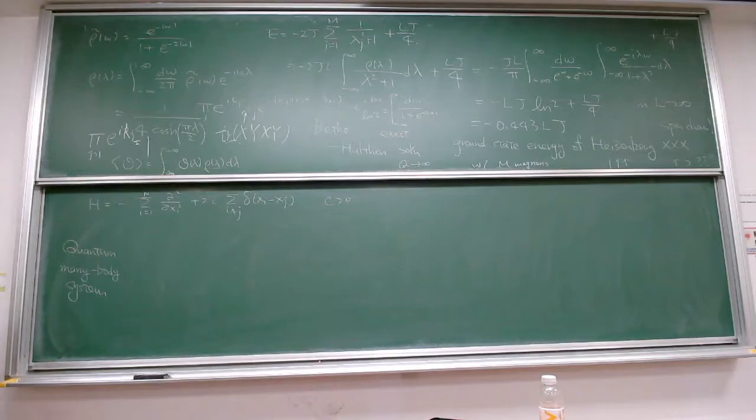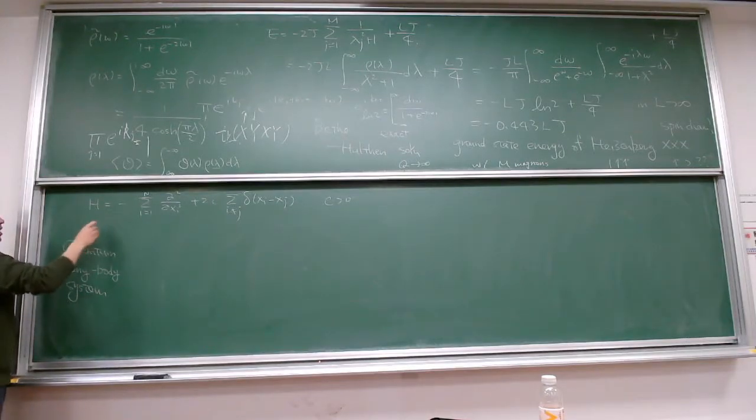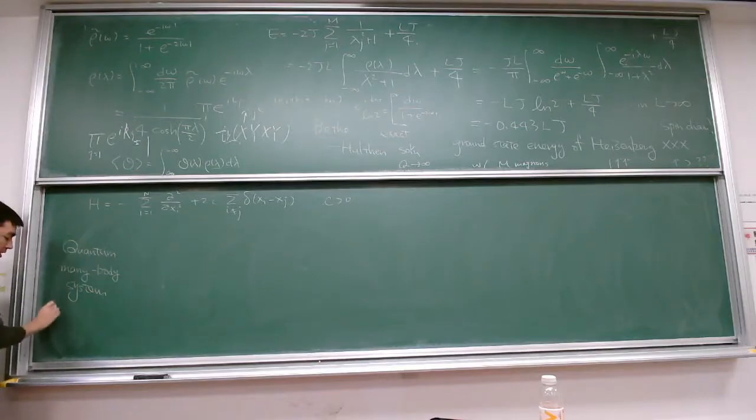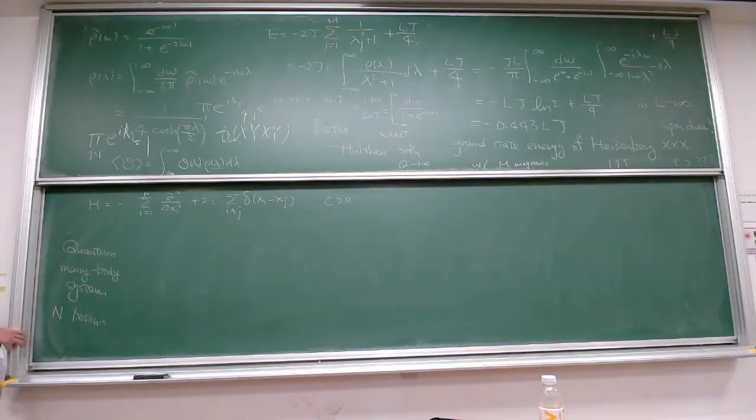So last time we talked about n bosonic particles, and we derived the Bethe-Ansatz equation for the delta function.